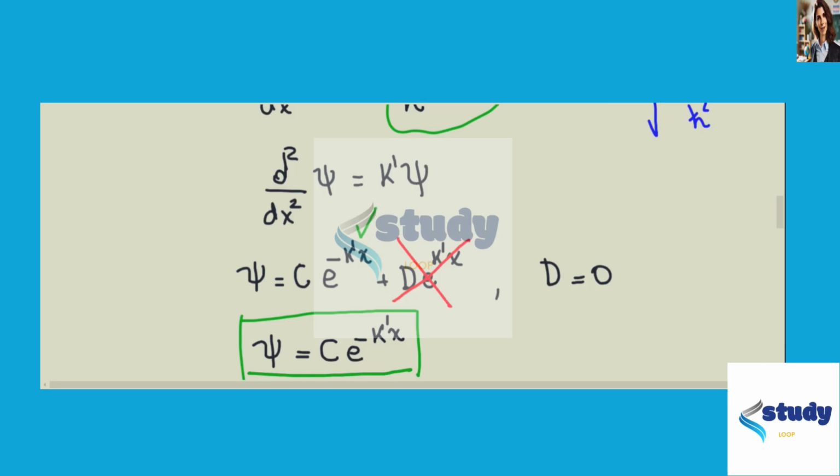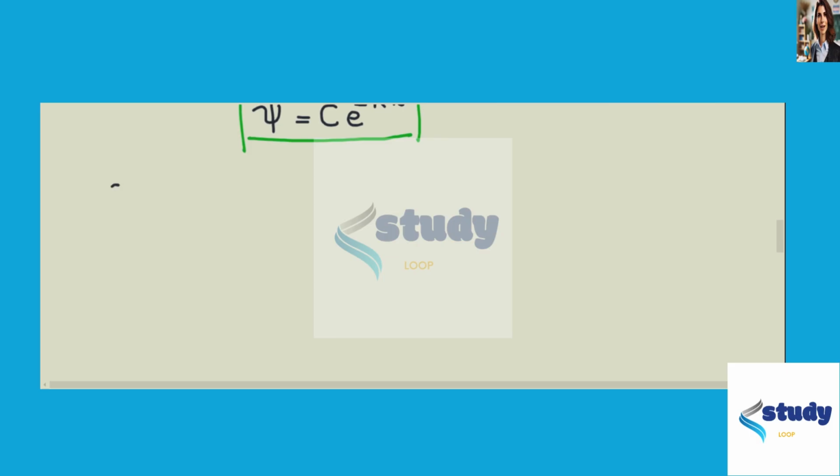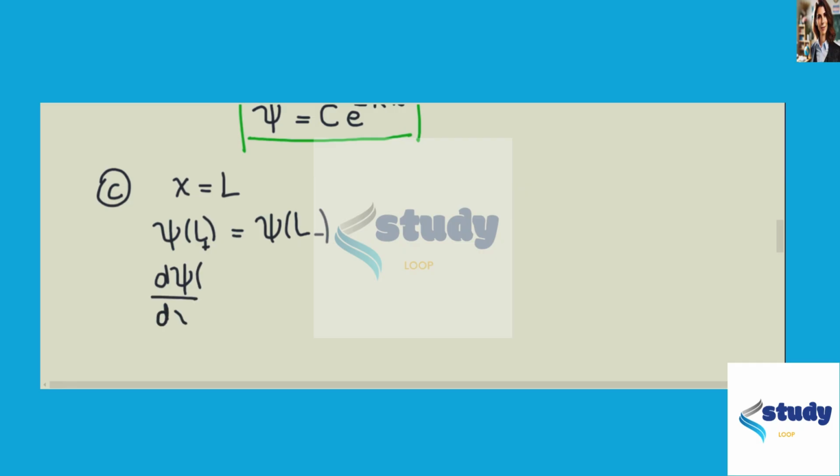And then in question C, we have to impose that at the boundary between the second and third regions, that is at x equals L, the wave function must be continuous. So phi of L plus is equal to phi of L minus, just as the derivative must also be continuous.